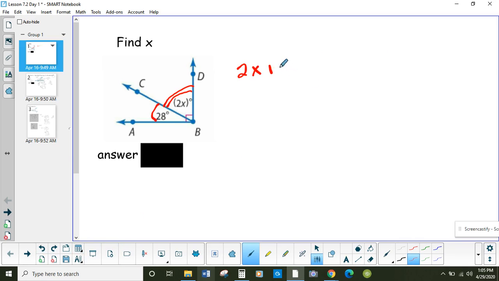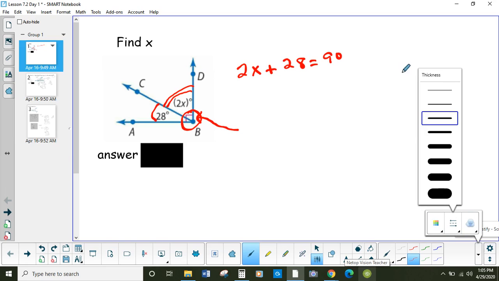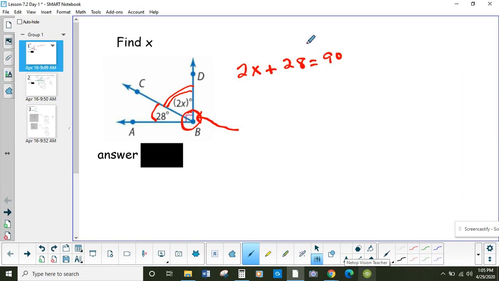Complementary angles are angles that add up to 90 degrees, and we know that from that symbol right there. So we can just write an equation, add those up to make it equal 90 degrees, and we'll go ahead and solve this now.